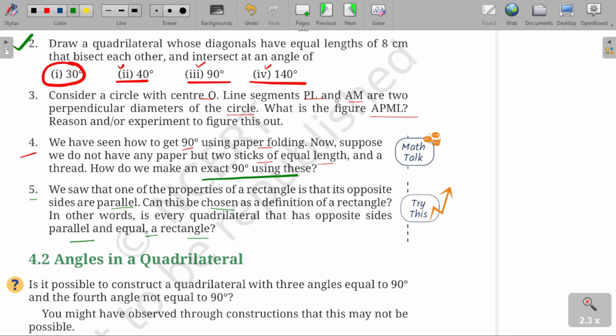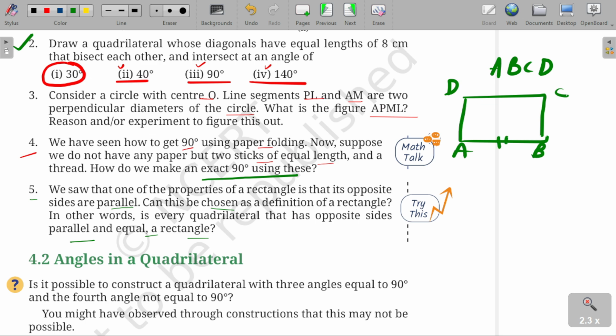Let ABCD be any quadrilateral in which opposite sides are parallel. Say AB is parallel to CD and BC is parallel to AD. Yeah? And also they are equal. So in this quadrilateral, opposite sides are equal.